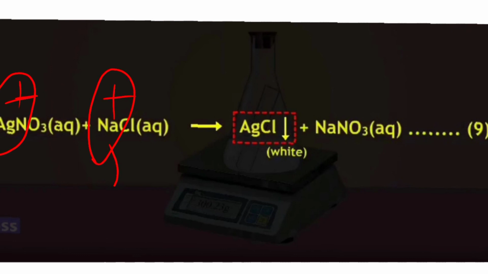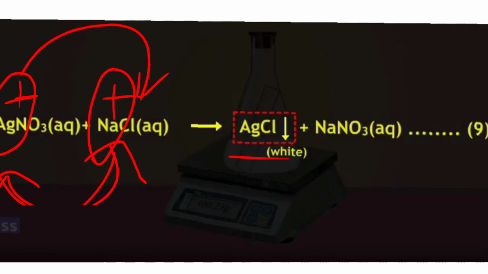So what is happening? Na is coming in the place of Ag and Ag is coming in place of Na. So Ag came here and combined with Cl to give you AgCl, and your Na combines with NO3 to give you NaNO3.